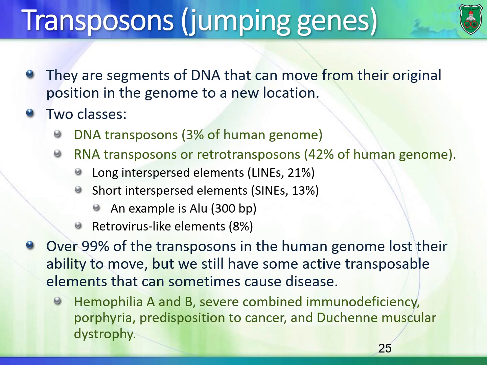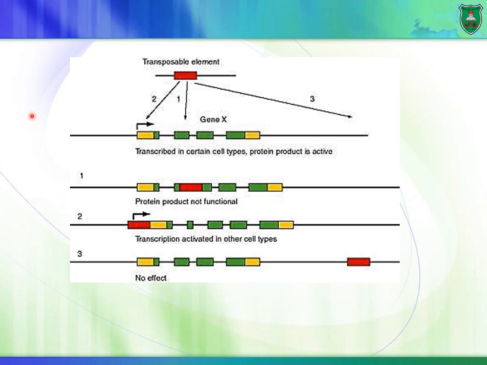So why do they cause diseases? The reason is that when you have a transposable element, when you have a transposon changing places, it can insert itself within a gene. So what it does is that it disrupts the gene. So the gene does not function anymore. Okay, and if it produces a protein, then this protein is not functional.